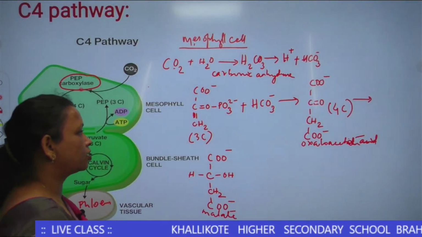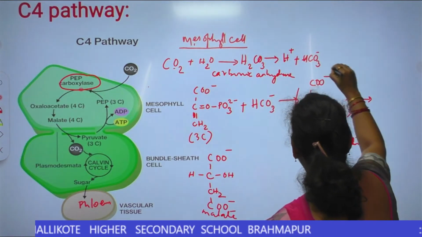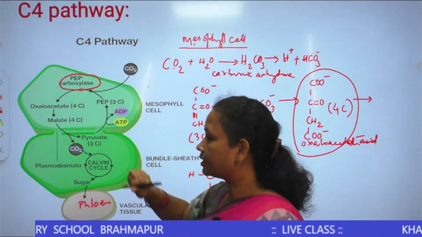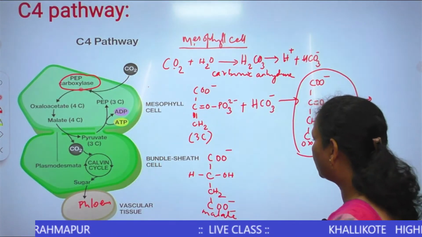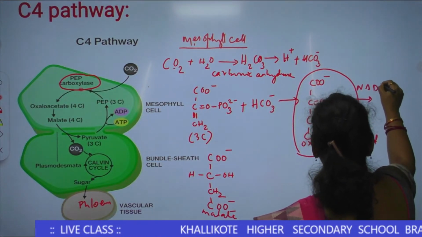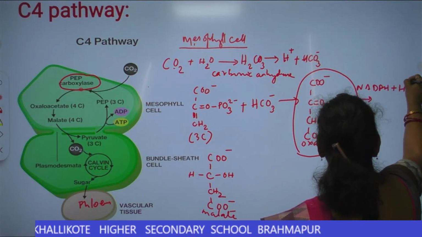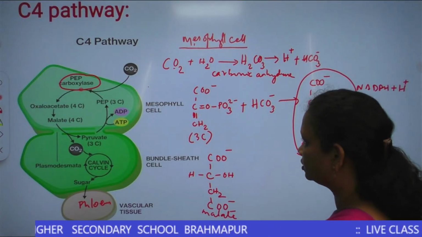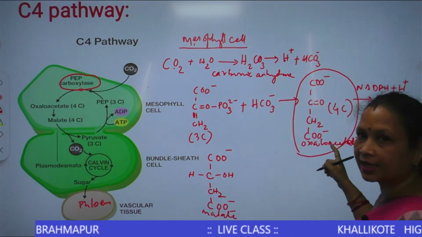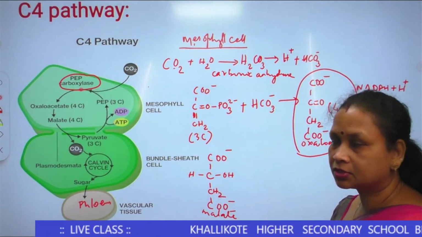After oxaloacetate is formed, this oxaloacetate is considered the first stable compound of this C4 cycle. Malate is the next compound that is formed. So here NADPH is utilized in this particular reaction to convert oxaloacetic acid into the 4 carbon malate. So what happens to malate?